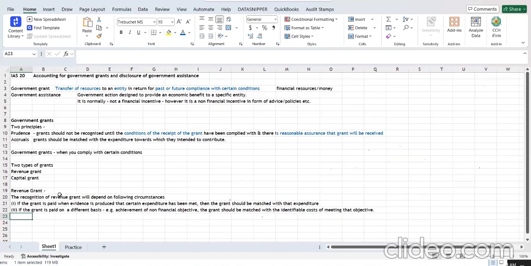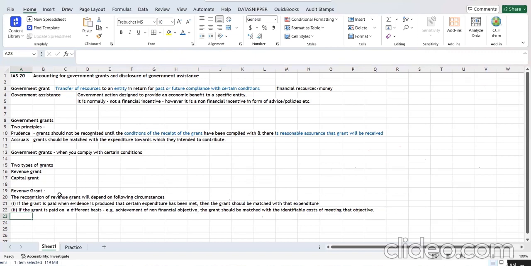When I say revenue grant, I am saying that the grant which is meant to give you financial incentive for the expenditure that you're doing on a regular basis. Like, for example, employees, if again, I'm going back to that example, if you are going to give jobs to 100 employees, your expense would be salaries and wages of those 100 employees, right?